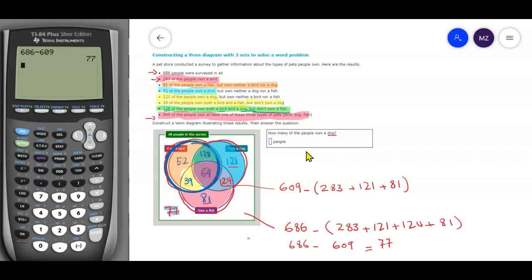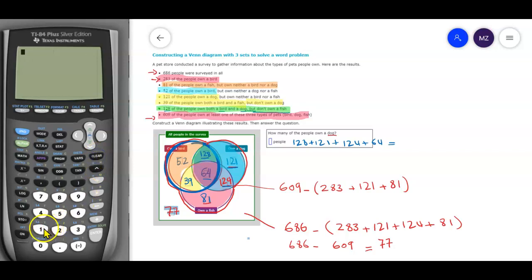But anyway, we're going to add these numbers: 128, 121, 64, and 124. And that's the number here. So let me write it down: 128 plus 121 plus 124 plus 64. Of course, you have to calculate this.